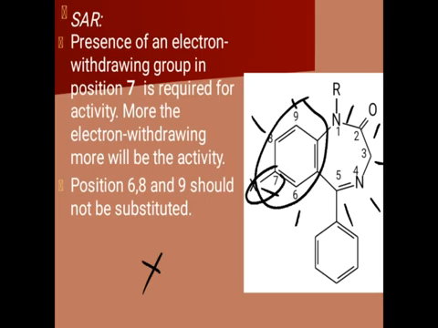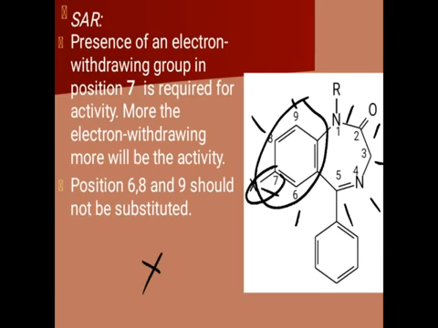So which are the electron withdrawing groups? You can say nitro groups, halogens, chloride in those halogens, trifluoromethyl, CF3. Such groups can be present at the 7th position, being electron withdrawing groups, which will increase the activity.